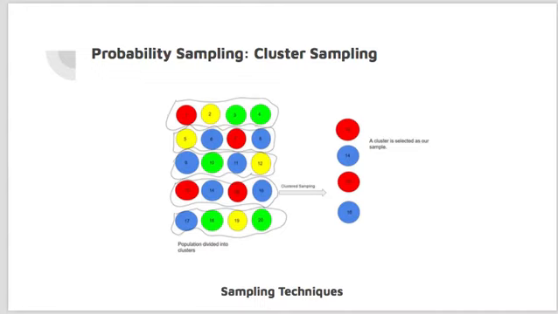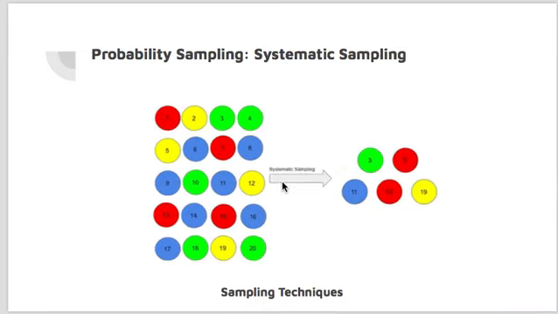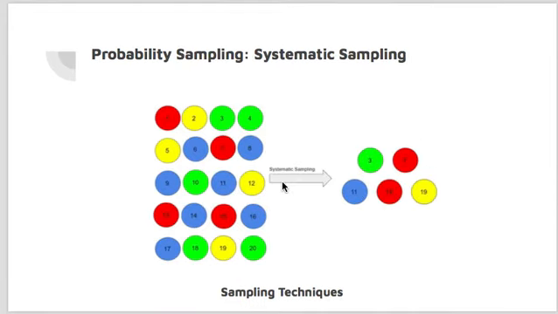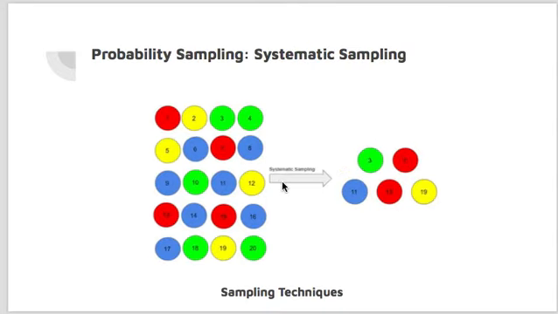I am summarizing the probability sampling: simple random sampling, systematic sampling, stratified sampling, and cluster sampling. Simple random sampling gives an equal chance to each and every individual item or response in the population. Systematic random sampling is sampling at systematic intervals, which we call sampling intervals.